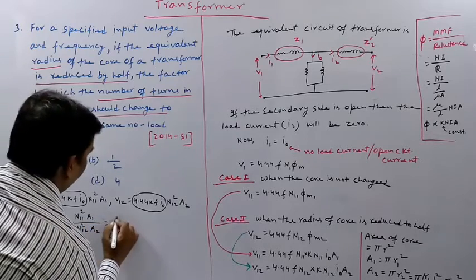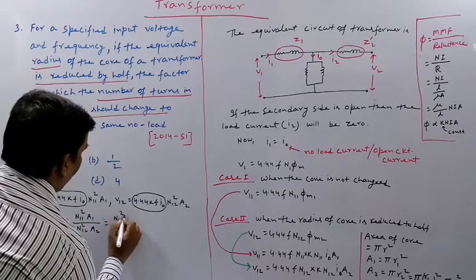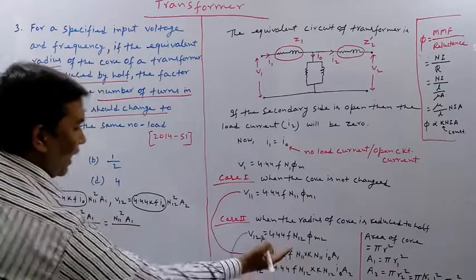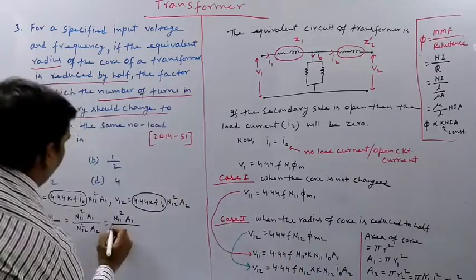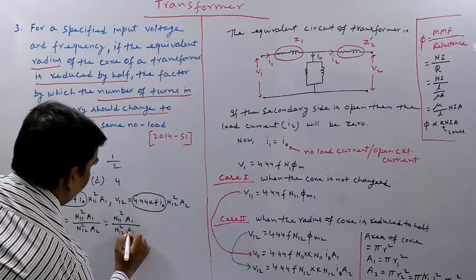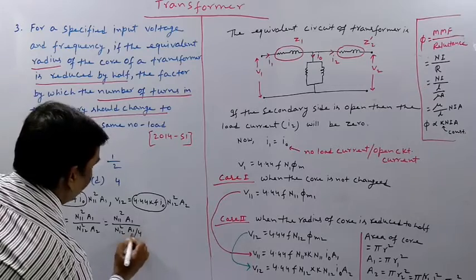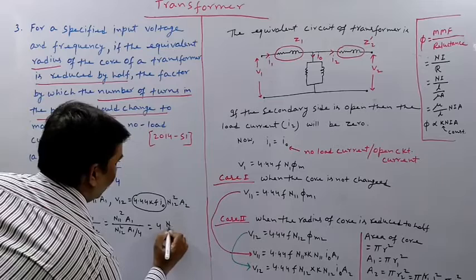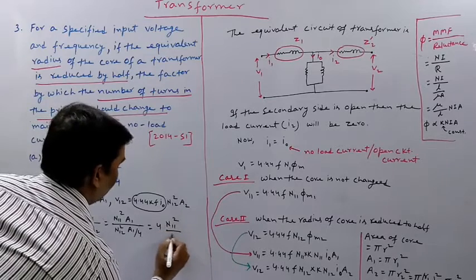Now A2 is A1 by 4, as we can see from here. So N12 square A1 by 4, okay. Now it will be 4 N11 square divided by N12 square.